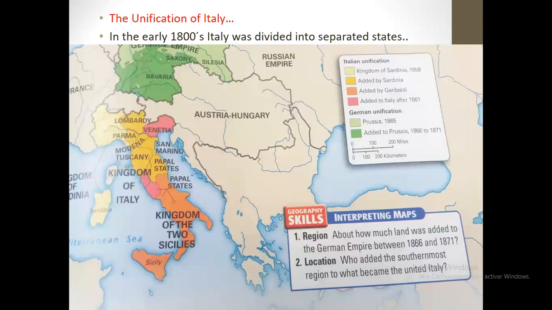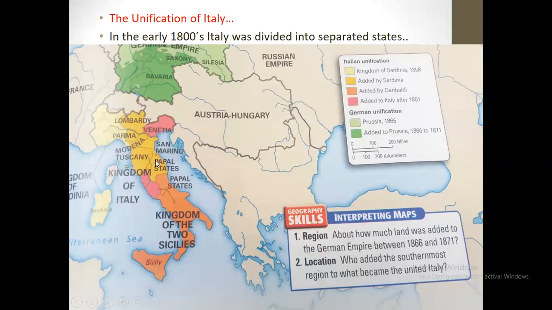Now, the unification of Italy. In the early 1800s, Italy was divided into separate states, like I just mentioned. Over here, these are the states, where the Kingdom of Sardinia, and what was the other one, Prussia.